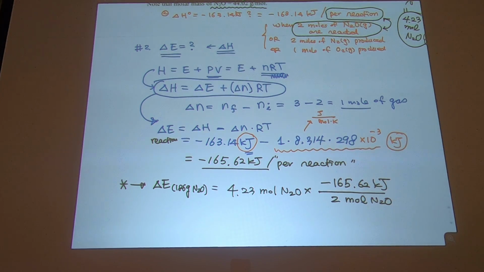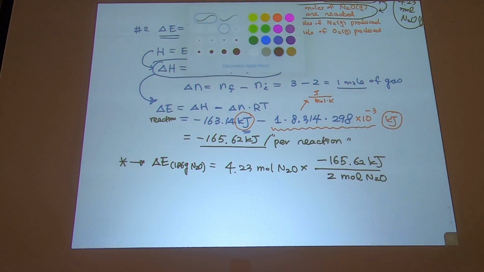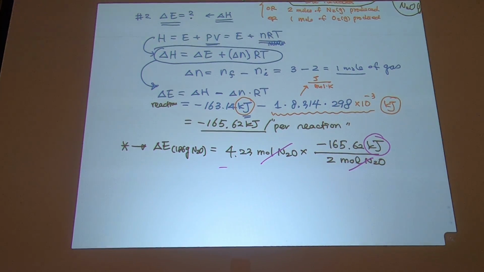Okay, so I use that information. I just calculate per reaction, and then I put the size of your system and multiply that, and nicely this one goes away. And now you can calculate this number. That is minus 350 kilojoule.